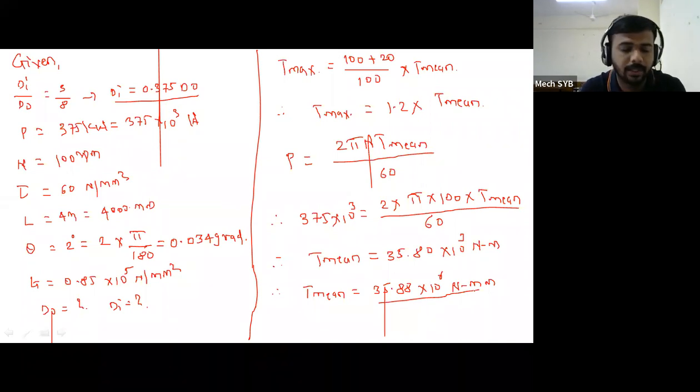I have told you in the power formula, if you keep the power in watt, you will get the first answer in Newton meter. Don't forget to convert it to Newton mm by multiplying by 10 raised to 3, so it will become 10 raised to 6. This is the Tmin value.